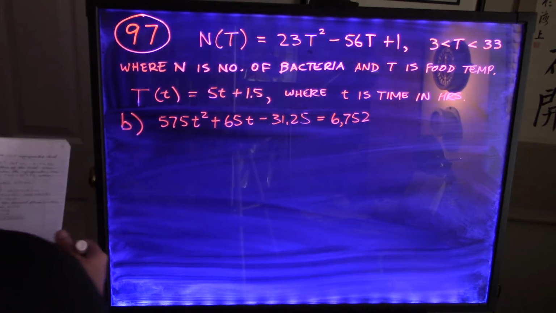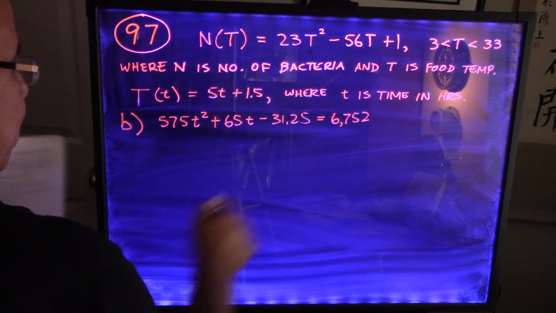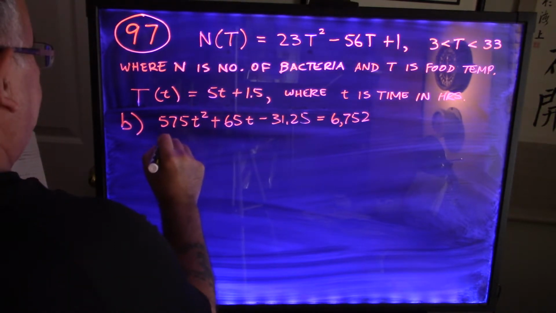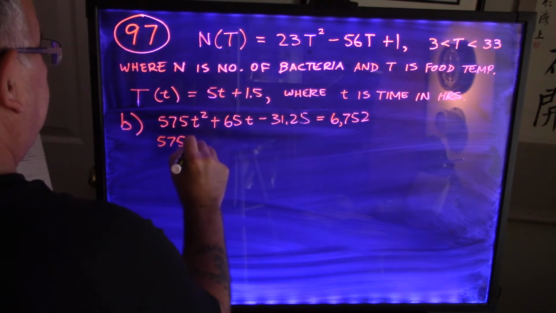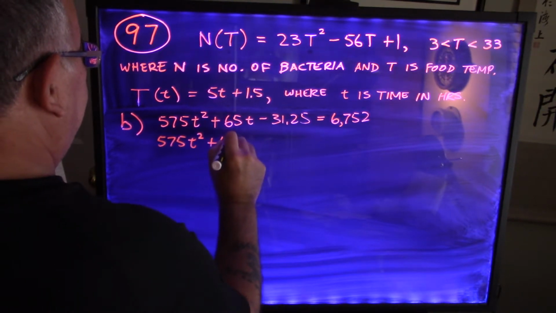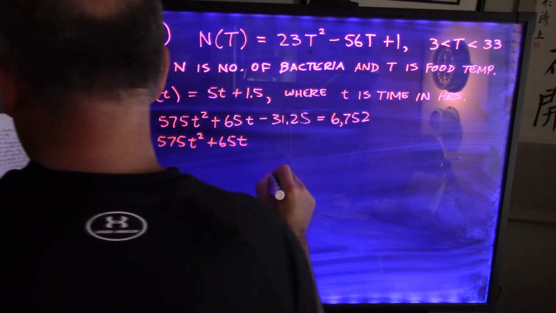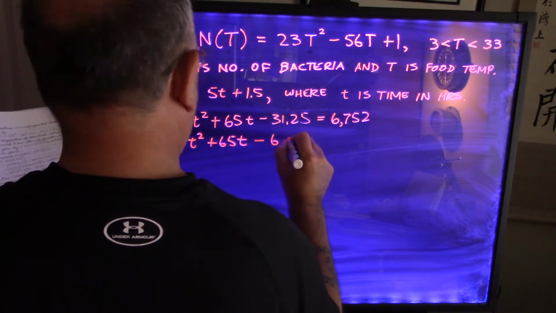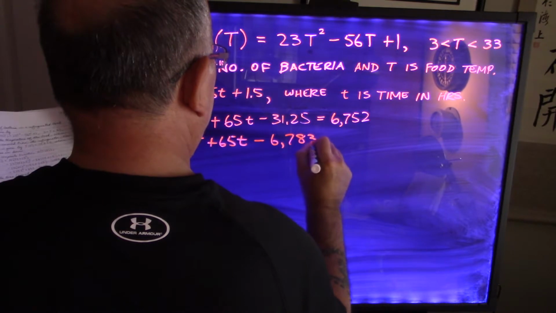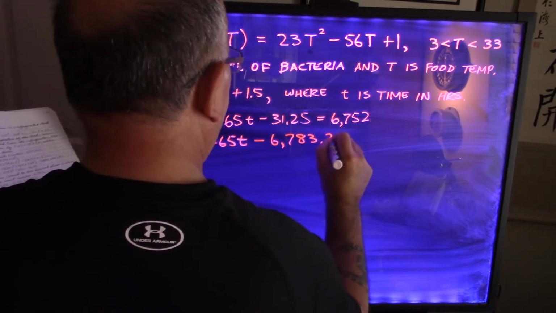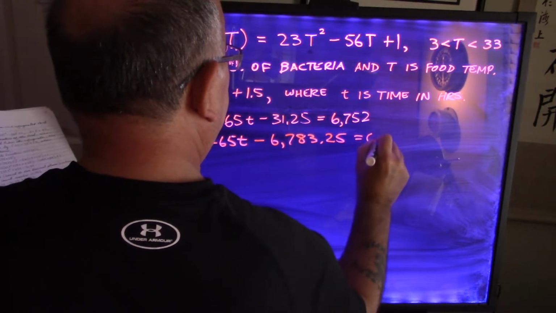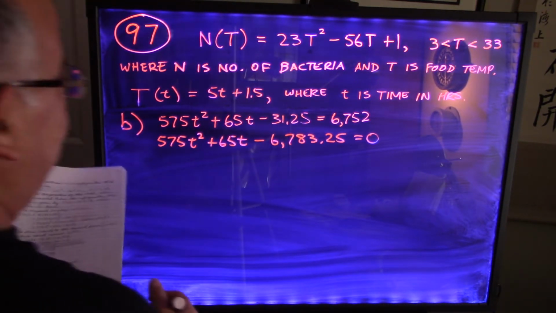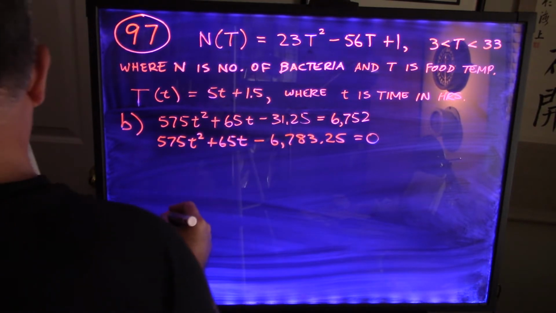Subtract 6,752 from both sides, so you get 575t squared plus 65t minus 6,783.25 equals 0. So now we can use the quadratic formula to solve this exactly.